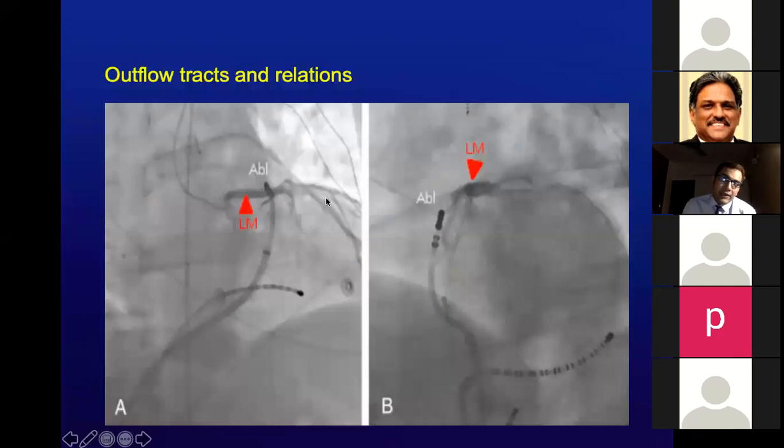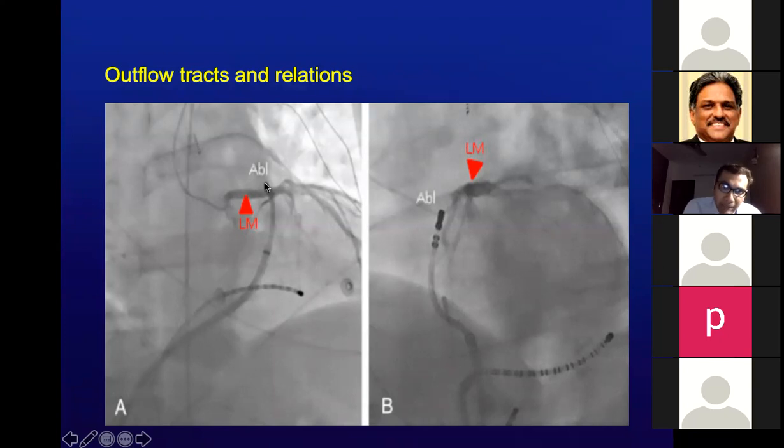Now let's look at this image. Remember, I told you anything that comes anteriorly is in the ventricle. So this structure here is probably within the ventricle. And as you can see on the LAO, this is on the right side, so it's in the right ventricle.